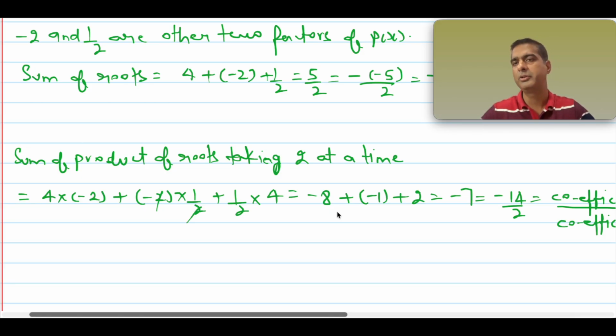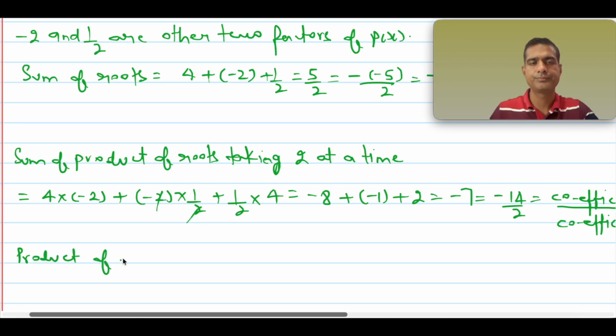Now we had 3 roots, we have found out their sum taking 1 at a time, their sum taking 2 at a time. Now we can multiply all the 3 roots together. So we can write the product of the roots will be given by 4 times negative 2 times 1 by 2.